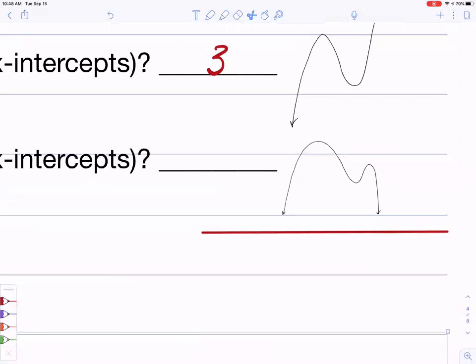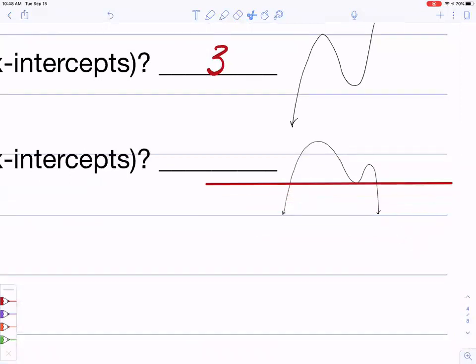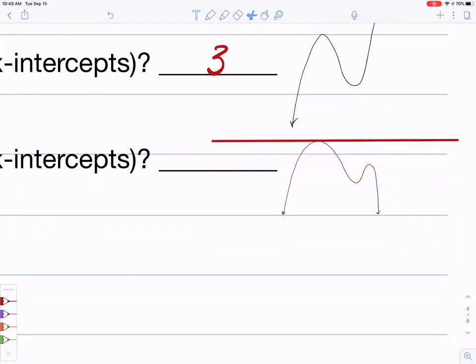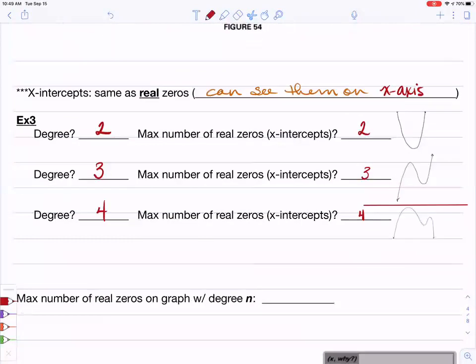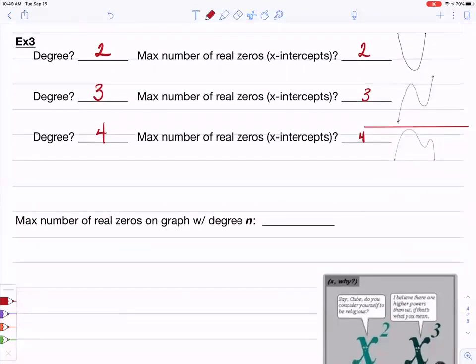Then if I move it up a little bit, how many now? And how many now? 1, 2, 3, right? And how many now? 2. How many now? 1. How about now? 0. So what was the maximum number there? 4. So can we see a pattern? Yeah, the maximum number of intercepts is always going to be the same as the degree.